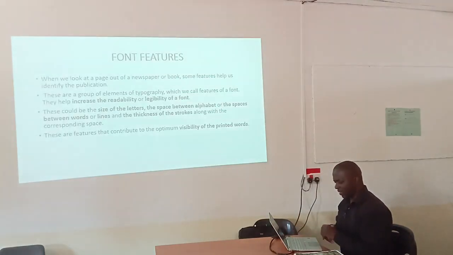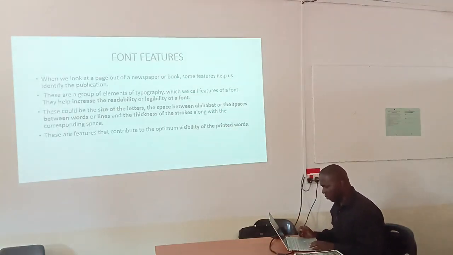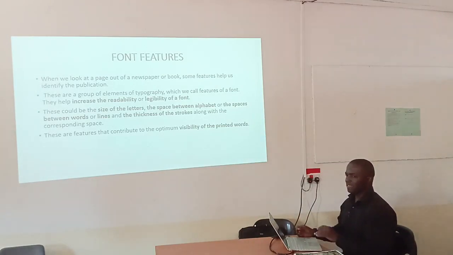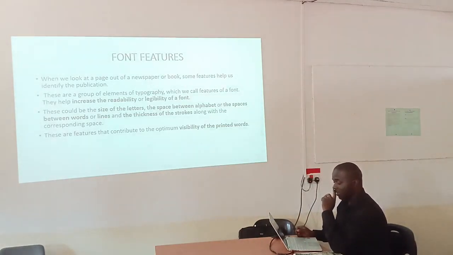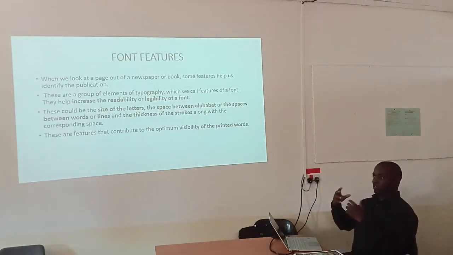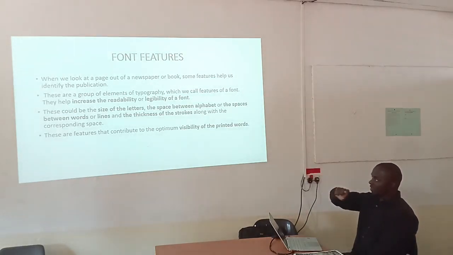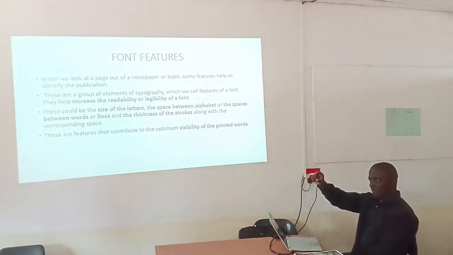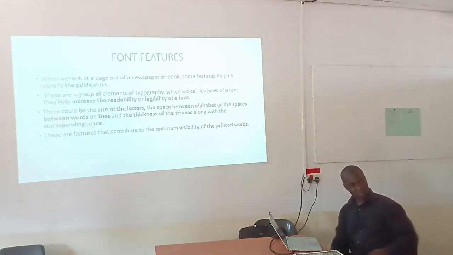When you look at a page or a book, there are other features that help you identify that publication, right? If you see the Nation or the Daily Times, their title, the name of the newspaper, which is called the, what do we call it, nameplate.